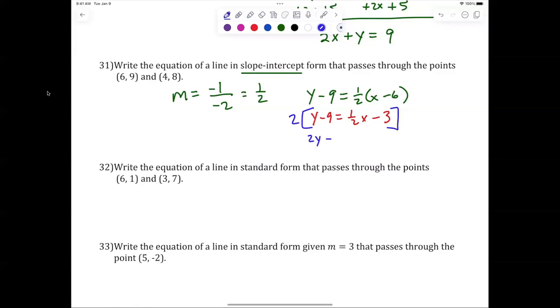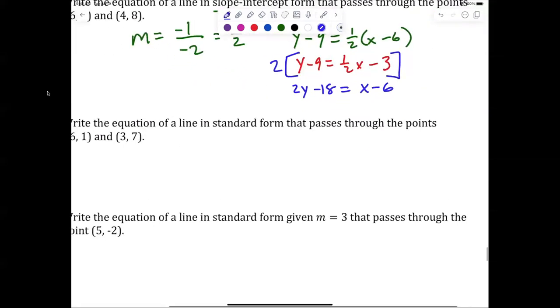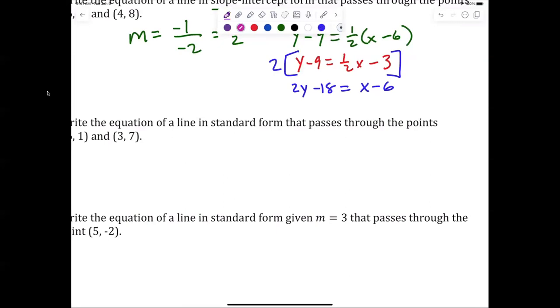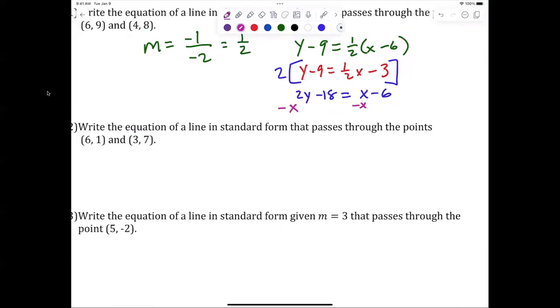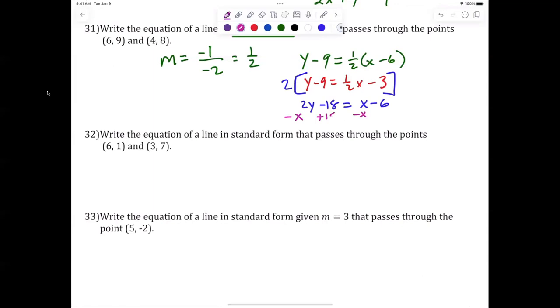Half of x, half of 2. And then -6. Agreed? All right, so now what? Yep, that's right. And what do I do with the -18? Yes, you add 18. Perfect.